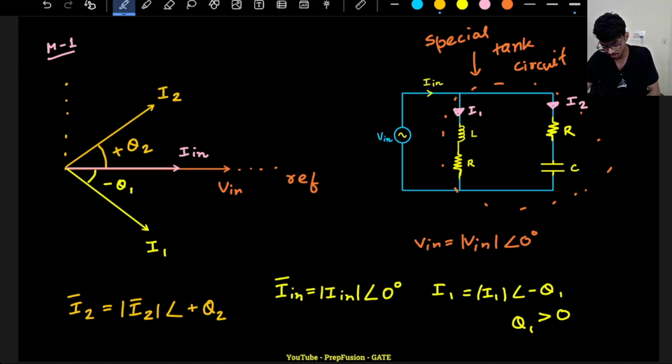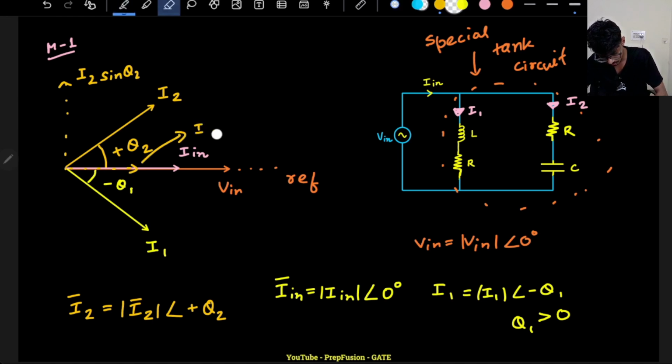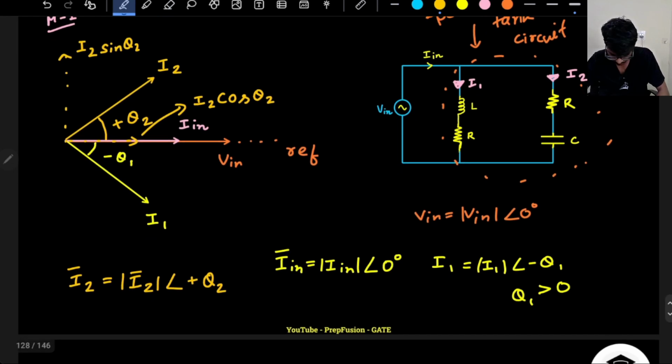So this I2 will have one component here, that is I2 sin theta 2, and another component along the V in, that is I2 cos theta 2.